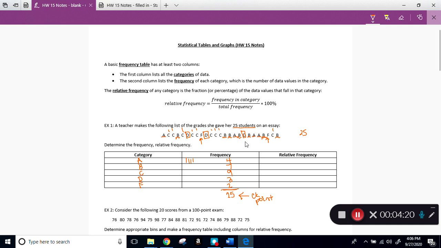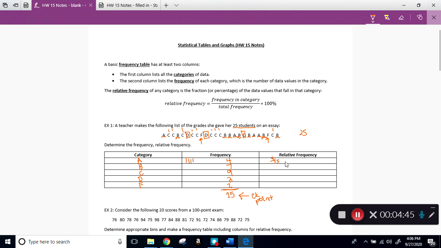Okay? Now, to find relative frequency, kind of like your relatives are related to you, how does this particular category, A, with a frequency of 4, relate to everybody? It's kind of like what we do with part over whole. So you're going to do 4 over 25.